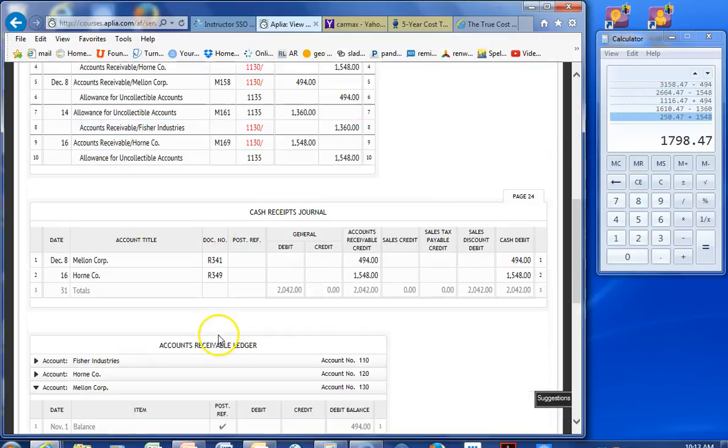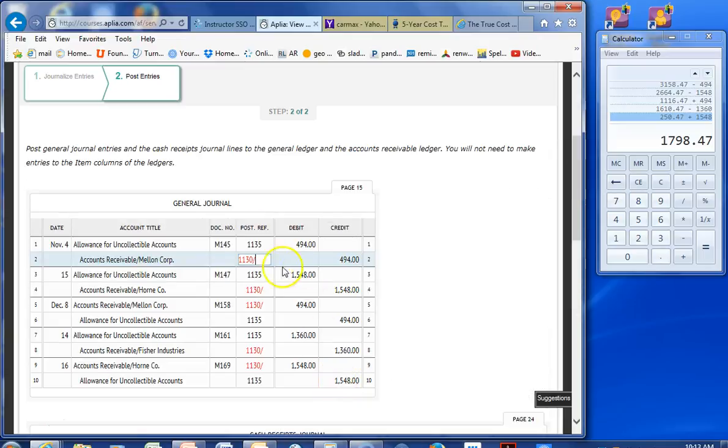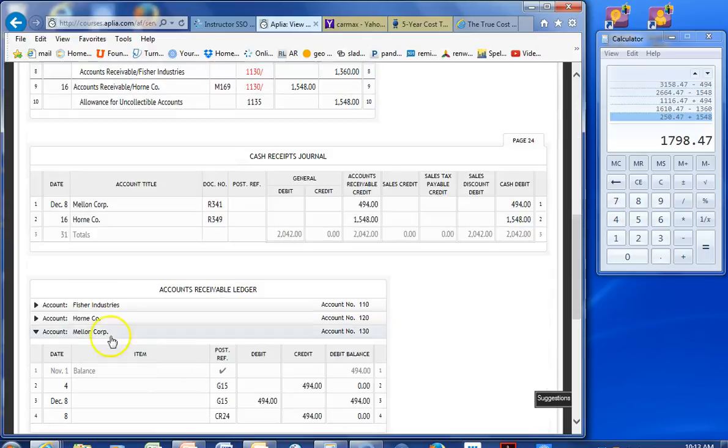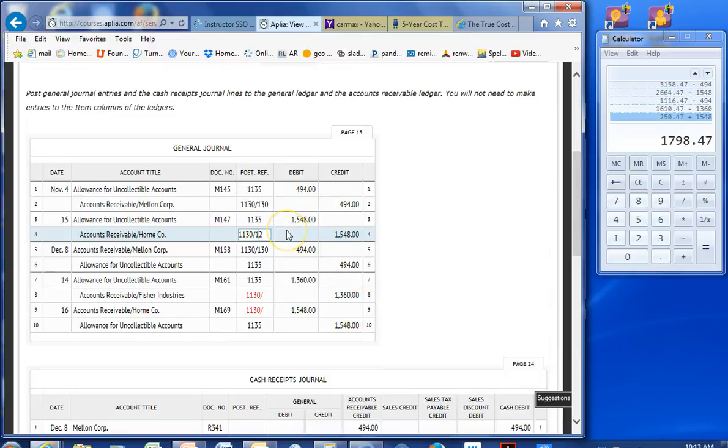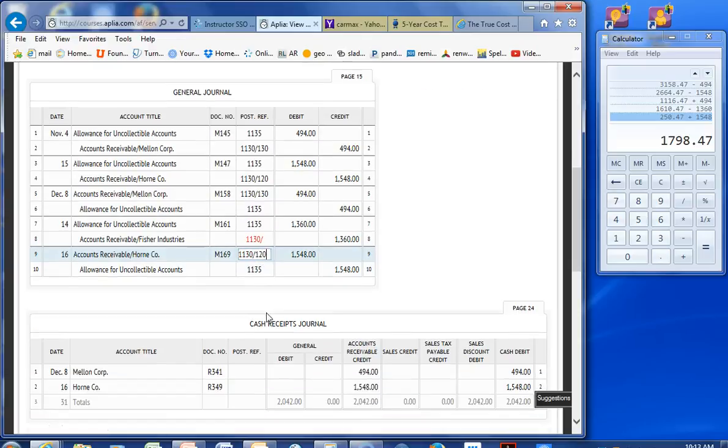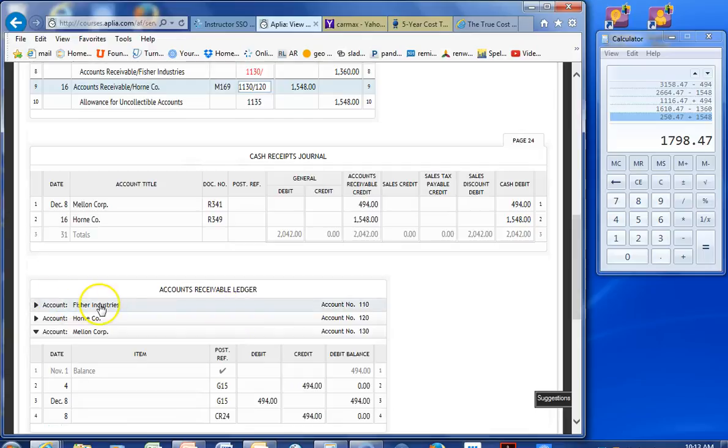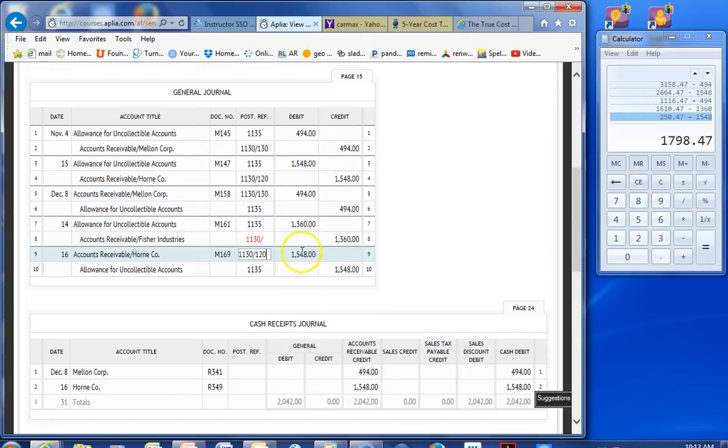Mellon is 130. $130. I think that's it. Okay, let's see. Horn, 120. And Horn's right here. And then Fisher, spelled wrong. Not that I'm bitter or anything. 110.